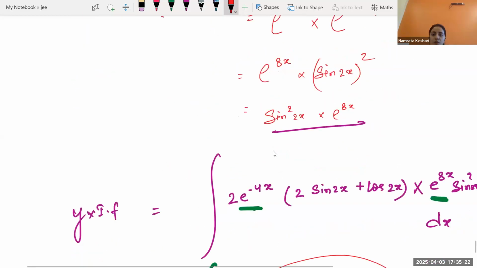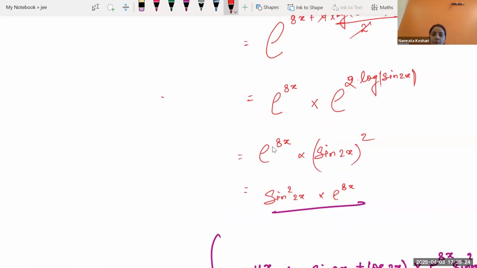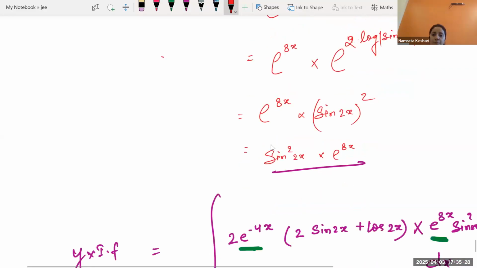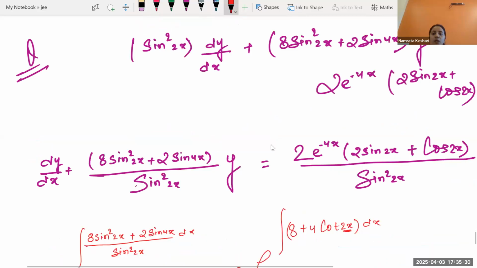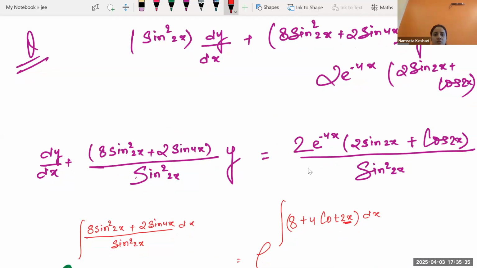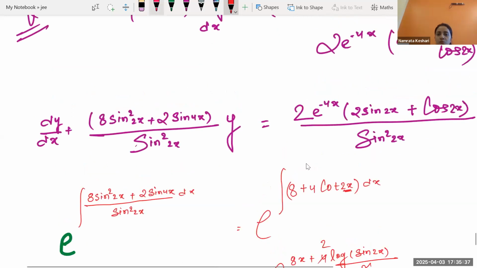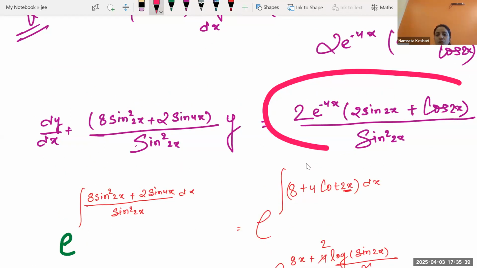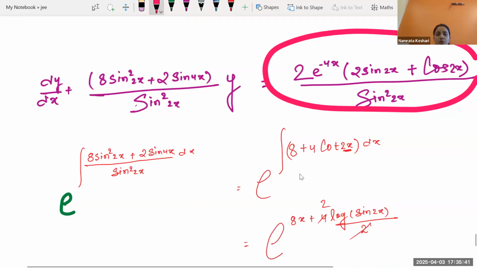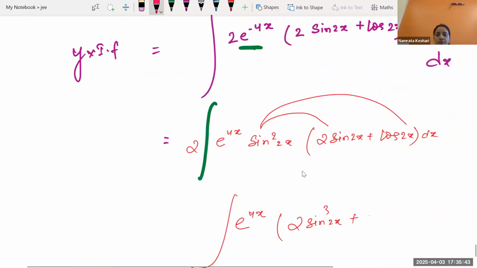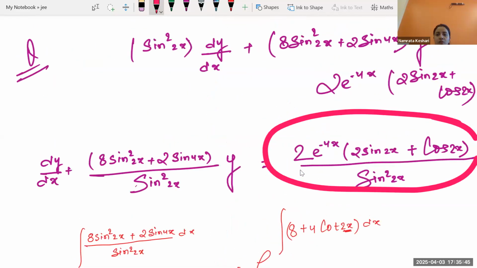Something must get cancelled out. Oh yeah, this was Q. What I have written is 2e to the power minus 4x, 2 sine 2x, cos 2x.